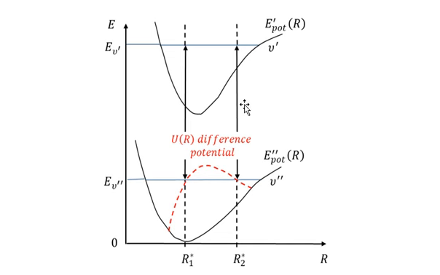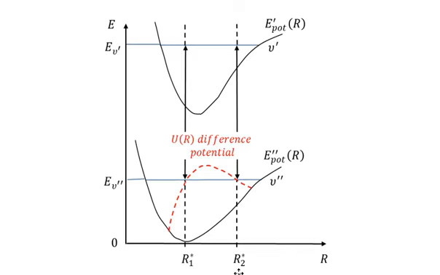These transitions have been indicated by these double-ended arrows. One is at R1 star, that is when the nuclear separation between the two nuclei is R1 star, and the other when the separation between the two nuclei is R2 star. The two transitions have been shown between the same two vibrational levels belonging to the lower electronic state and the upper electronic state. Now let's talk about U of R, which is the difference potential.